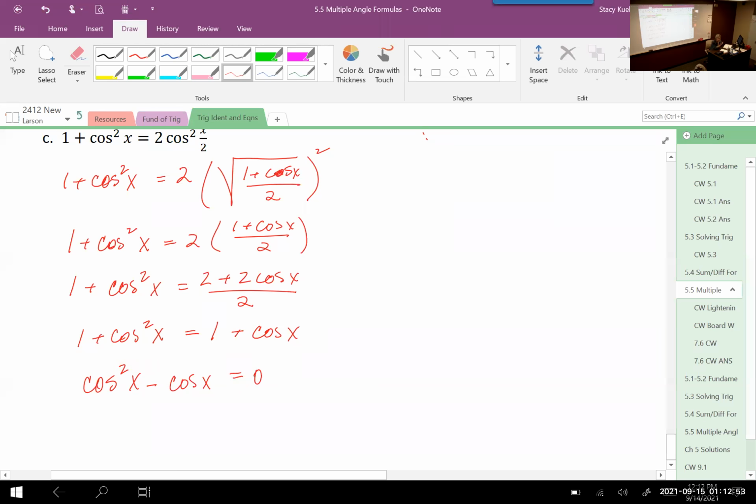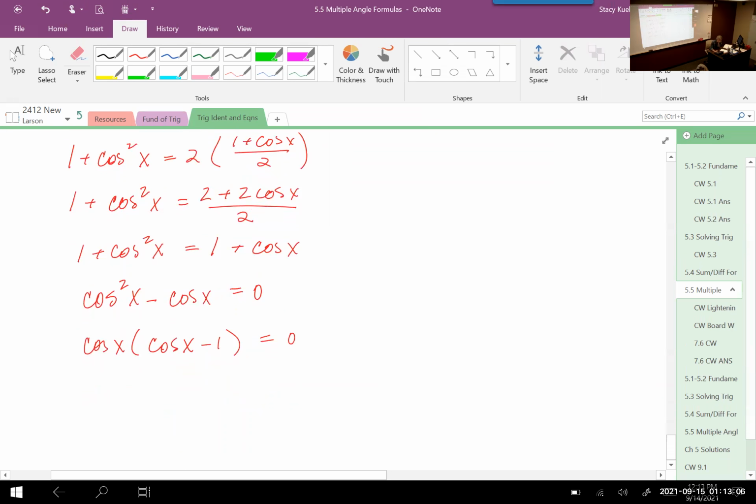So I put all the variables to the left, all the numbers to the right, and now I can factor a cosine x times cosine x minus 1. So I have factors that are set equal to 0. I can set each of those factors now equal to 0.